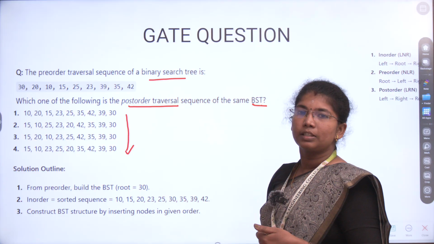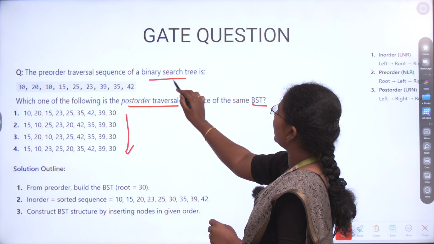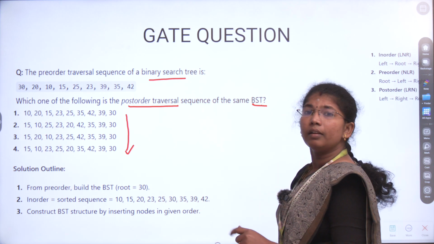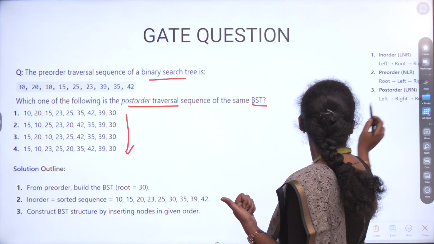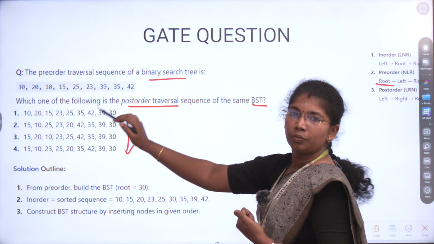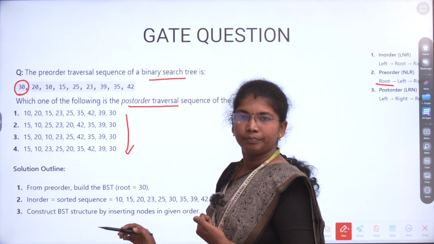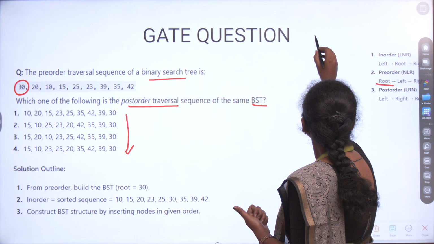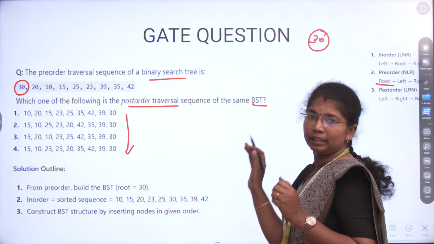So let's see how we are going to solve this. First, the pre-order traversal sequence of a binary search tree. In pre-order, where will we have the root? We will have the root in the first one. So this 30 is the root. You can write 30 here. You know that 30 is the root.